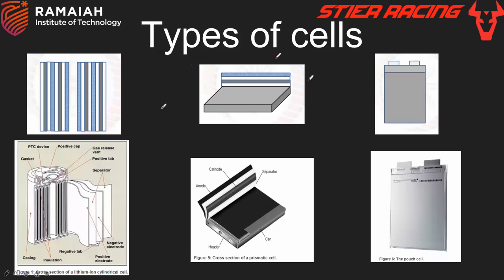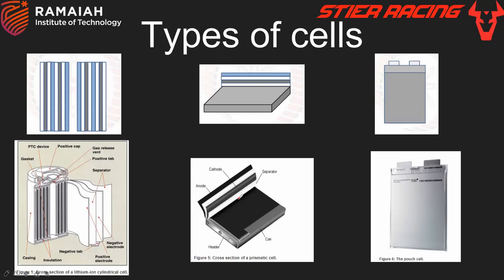So, the types of cells. Based on the shape and size of lithium ion batteries, we have classified them into cylindrical cells, prismatic cells, and pouch cells. In cylindrical cells, you can see here, the cell is coiled up like this, and this makes the building block of the car.